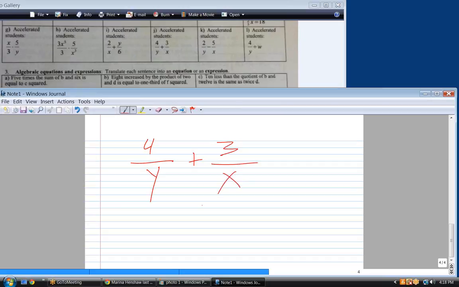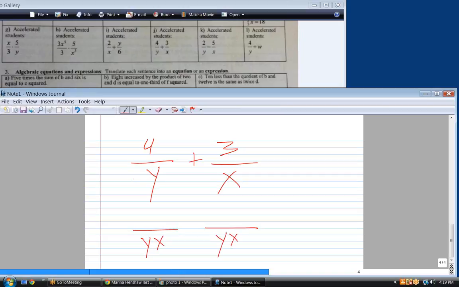Most of it's review. What's the common denominator here? For 4 over y plus 3 over x. If I'm going to add those two fractions, I got to find a common denominator. What is it? Yx. Okay, that's good.